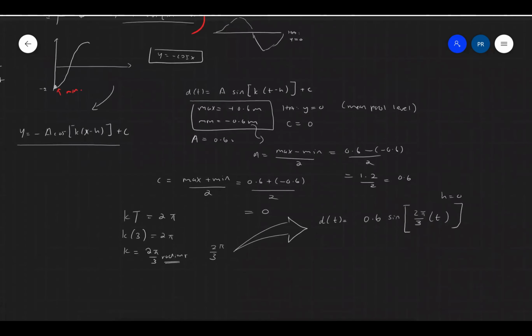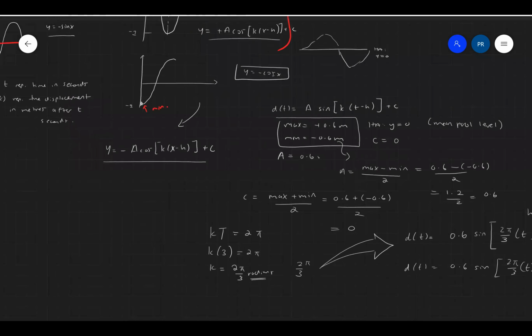In this case, if you use the right function, your phase shift, h, horizontal shift, is 0, plus your c value. In this case, the c value we already calculated was 0. So this is the equation of your scenario. Based on this equation, you can find the displacement by finding t in seconds, because I let the variable represent t in seconds.